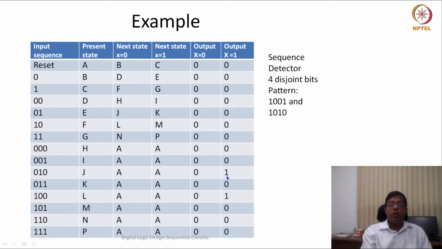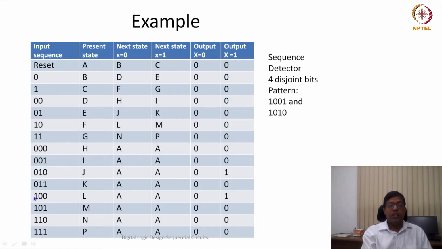So output 1 would be there in case of 0 1 0 1. So basically if the previous information is 0 1 0 and the current x equal to 1, then the output is going to be 1. Similarly the other output which is going to be 1 is 1 0 0 1.